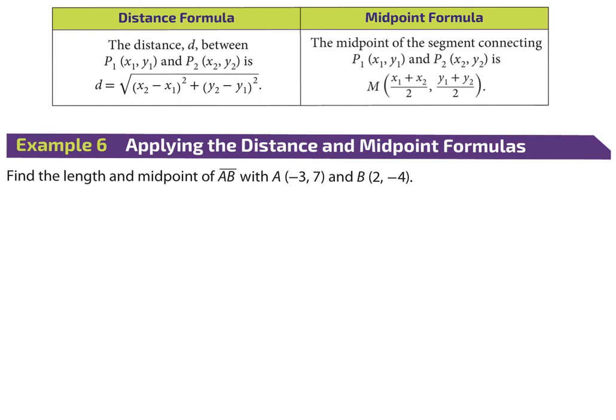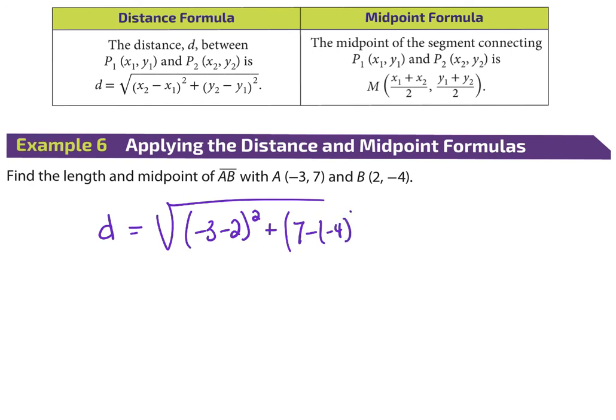All right? And you literally just plug it in. So for distance, I am going to subtract my x's, -3 minus 2, and I'm going to square it. And then I'm going to subtract my y, 7 minus a -4, and square that. -3 minus 2 is -5. -5, when I square it, gives me 25. 7 minus a -4 is 11.